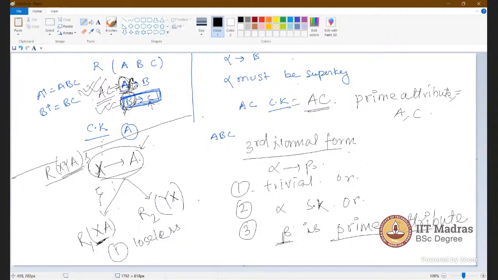So here you can see this is the condition for the BCNF decomposition. Yeah, that I do understand. Up to that part is clear. If it is not in BCNF, we decompose it and make it BCNF. And R1 and R2 must have a lossless decomposition. Yeah, that must be.